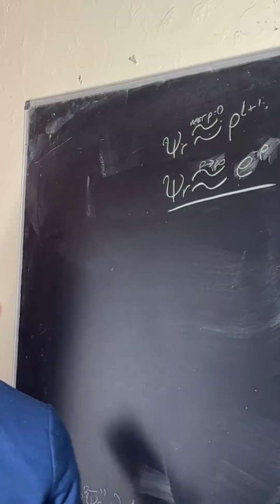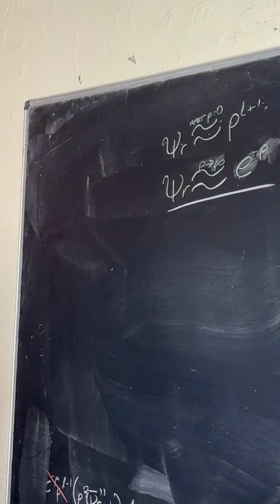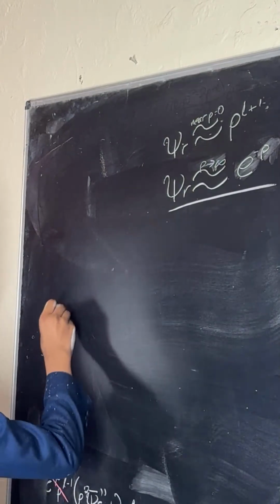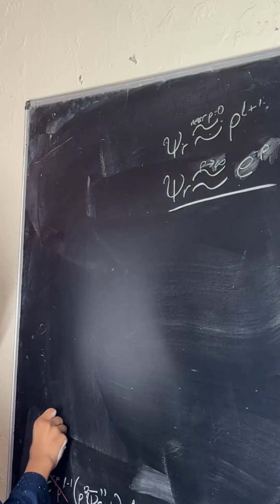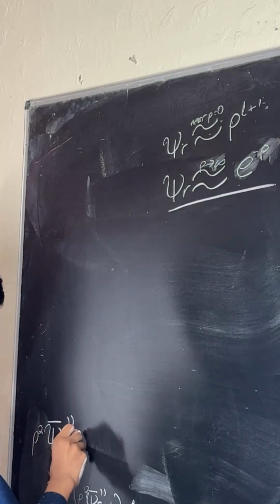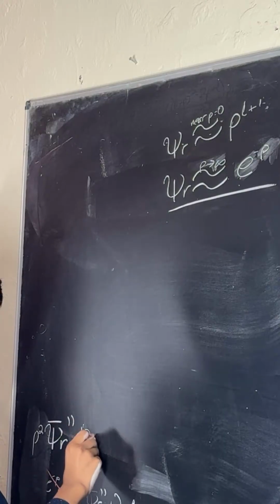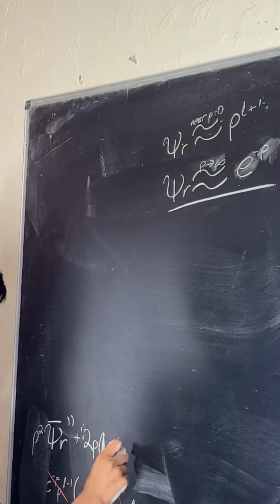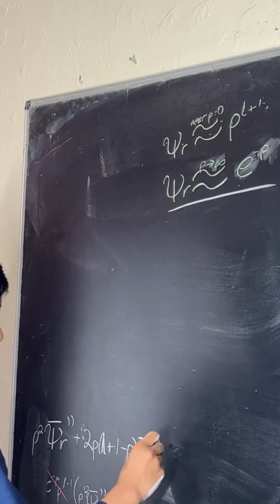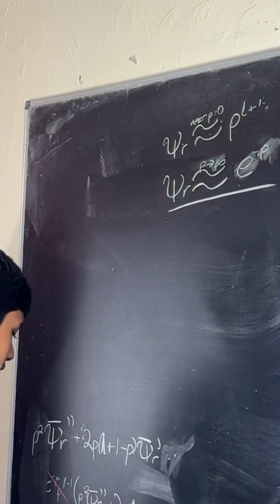What else do we get? Well, now we try to bring all the psi r overline terms together. And we get psi r overline double prime multiplied by rho squared, plus 2 rho times L plus 1 minus rho psi r overline single prime, plus... well, actually, we're bringing all of this over to this side.